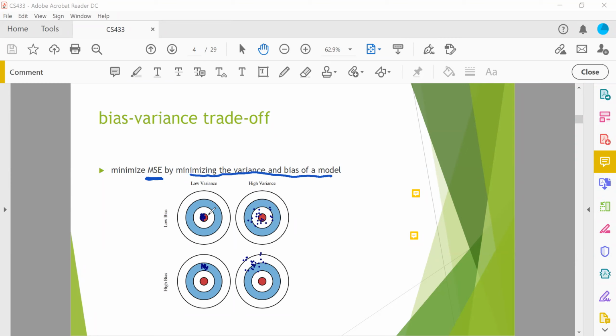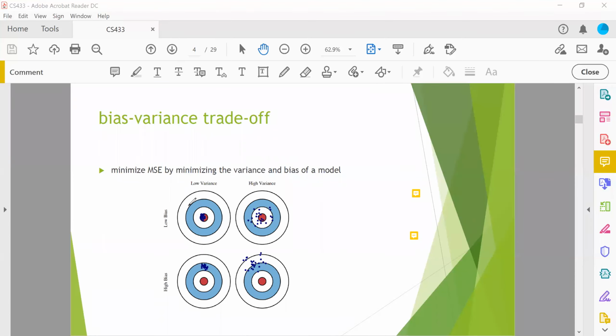The central part is the real scenario, and we want to approach the center as close as possible, but it depends on how your data is distributed.